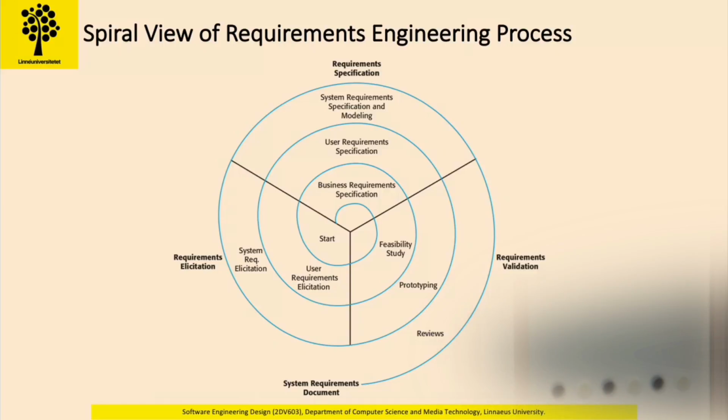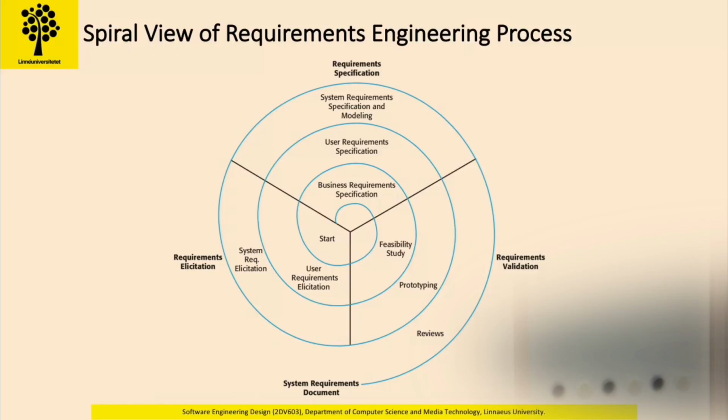Once you have business requirements, you check the feasibility, since those are basically visions: what we want in the software, as a high level vision. Once you study the feasibility, you go to user requirements elicitation, and from there you go to the specification.